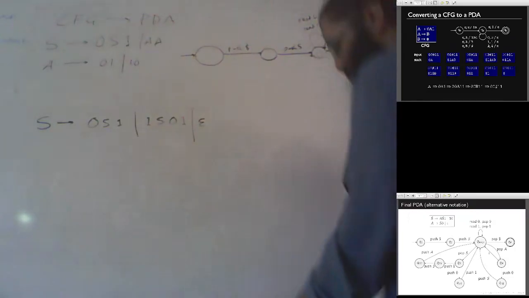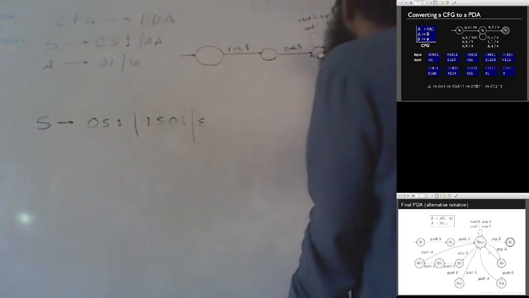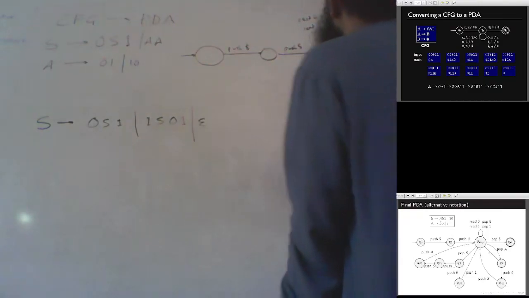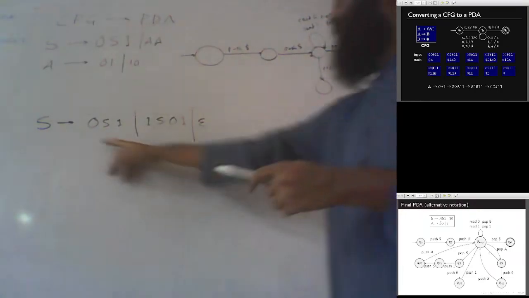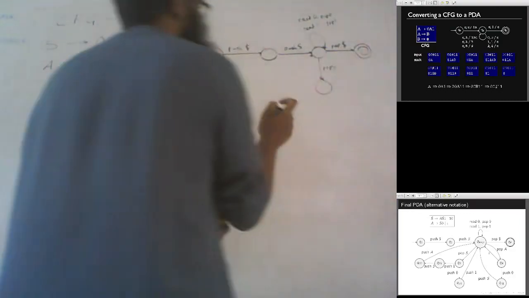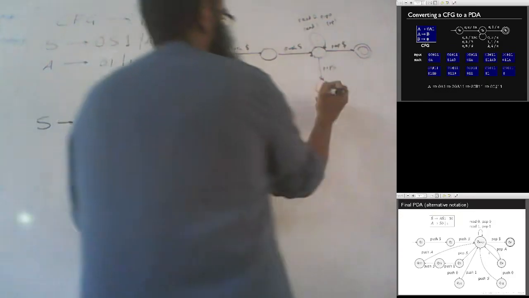One thing we could do is, there's only one variable, so you just pop the S, and you go here. Now from here, we have 3 rules. The first rule is 0S1. So I'm just going to do it like this.